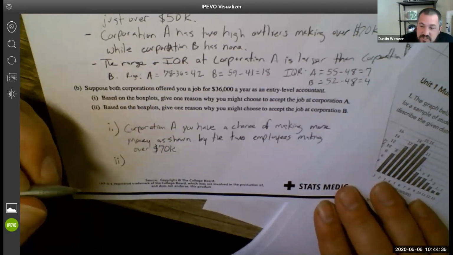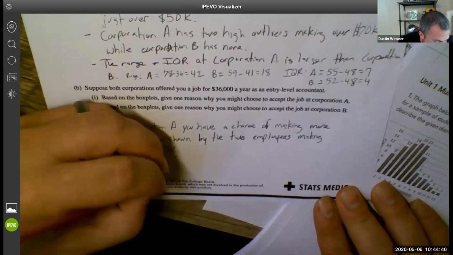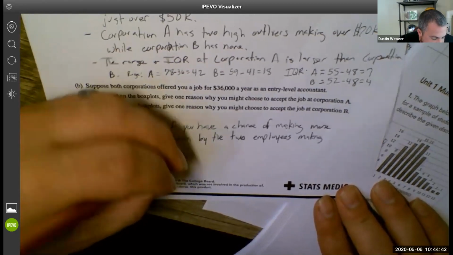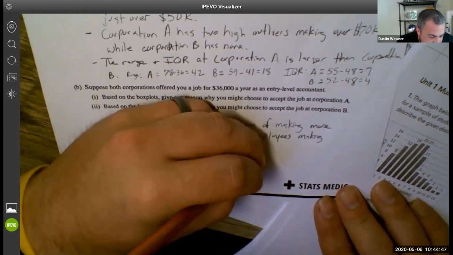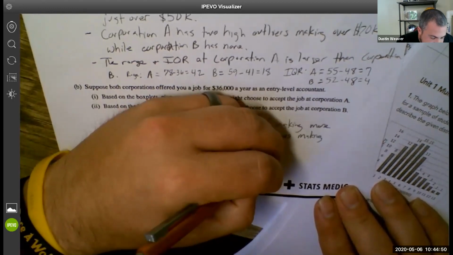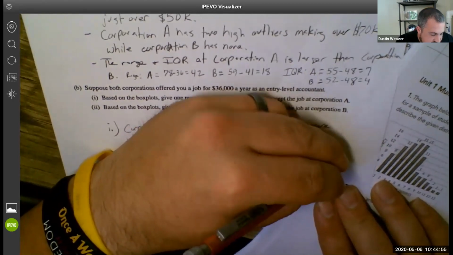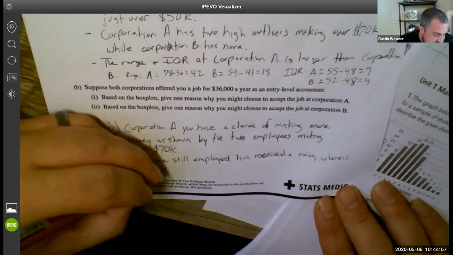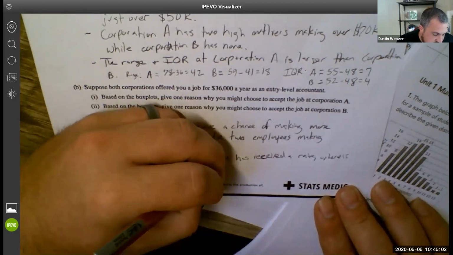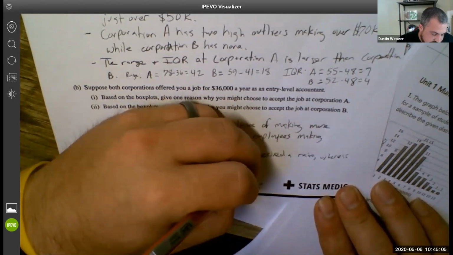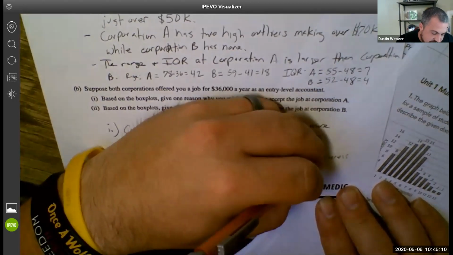So a reason that you might choose a job at Corporation B is everyone still employed has received a raise, whereas in Corporation A, some are still making $36K.